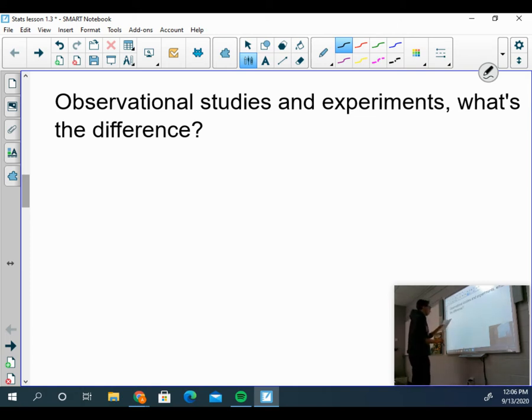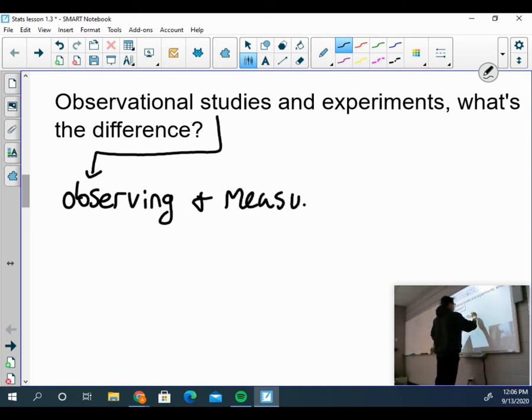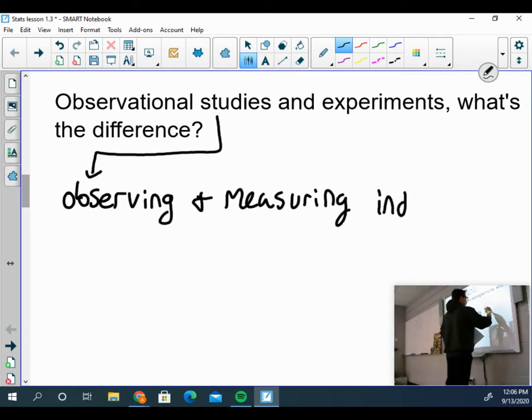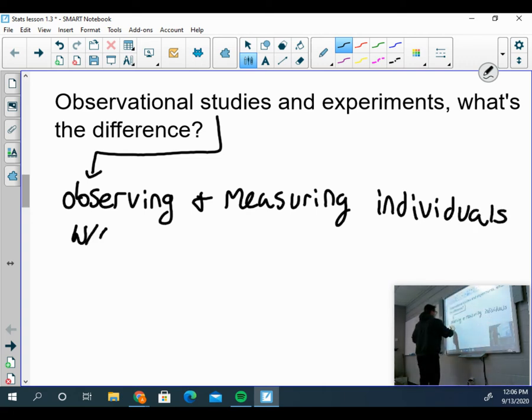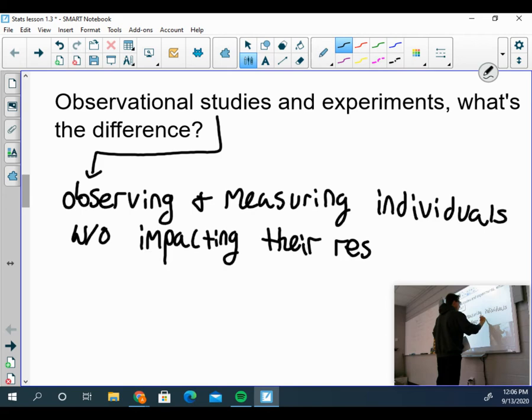So an observational study is going to be observing and measuring individuals without impacting them or impacting their response. Okay? If you want to see a more lengthy definition, please look at your book. That's always a go-to.